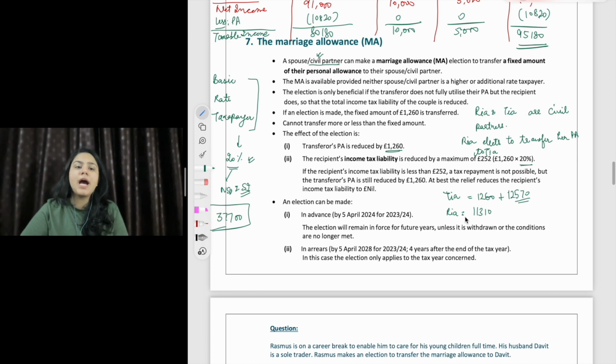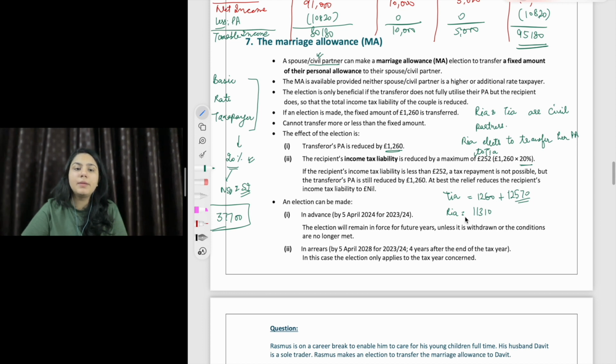For example, I filed my tax return for this year, and I get to know after 2 years that I could have transferred my personal allowance to my spouse and could have paid reduced tax liability as a couple. Now it means that I am making that election in arrears.